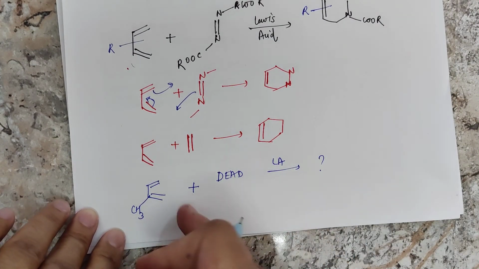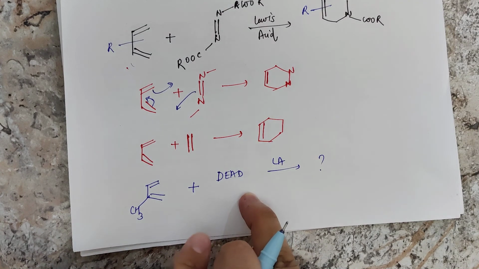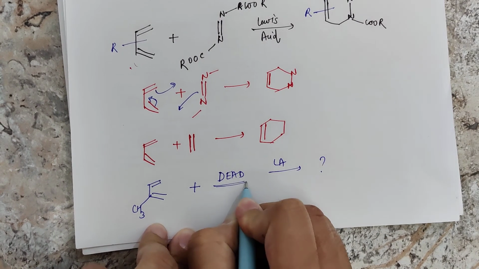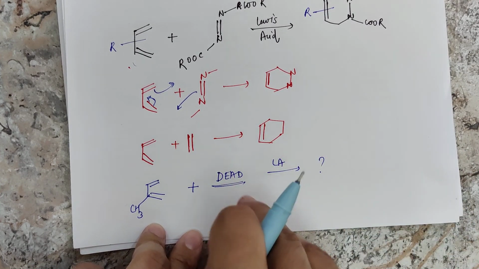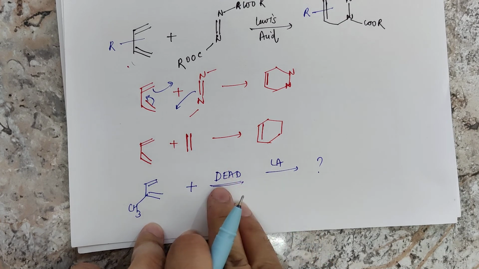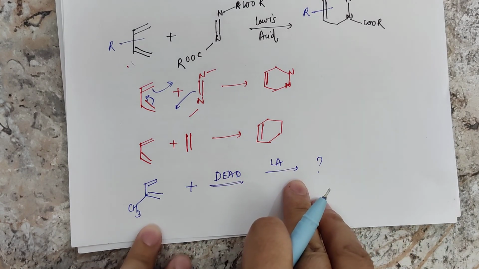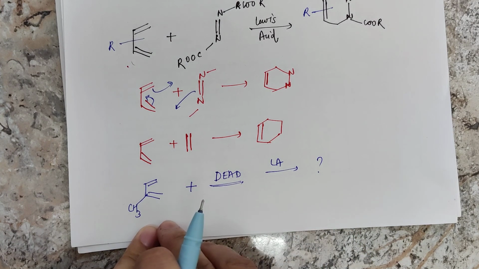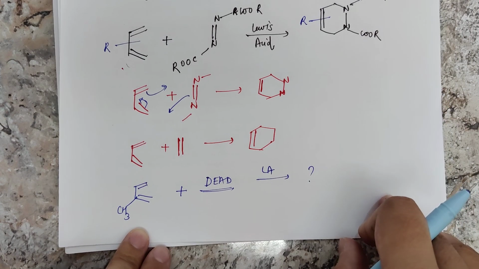Similarly, varying the different substituent, you will be given a reagent. There is a possibility that DEAD is not written there, but instead you have been given the structure. So be careful, look at the structure, identify that it's a DEAD reagent or DIAD, and there is a Lewis acid present here. So there is a possibility of Diels-Alder reaction, and you will get a hetero product. Okay.